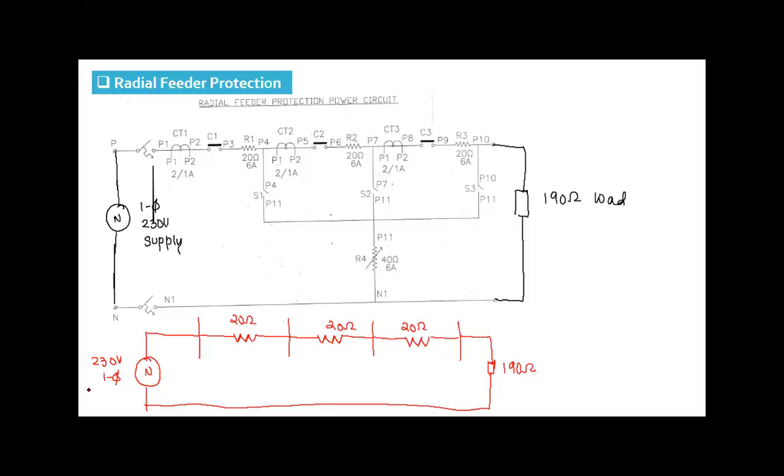So can we calculate normal load current? Can we calculate normal load current from this diagram? Calculate normal load current. It is a very simple series circuit. What will be the current? And tell me the value of current, normal load current. Bhavesh, calculate it properly.